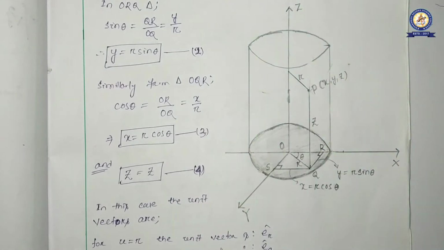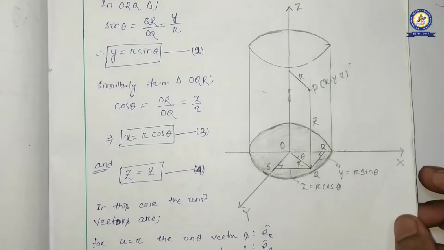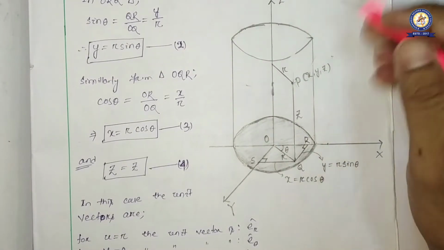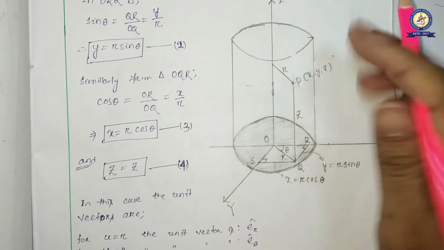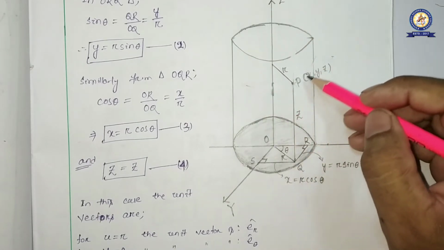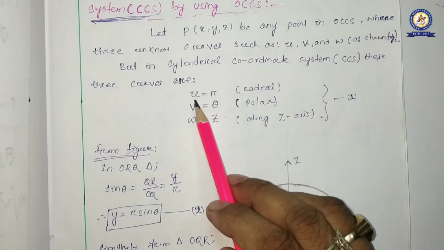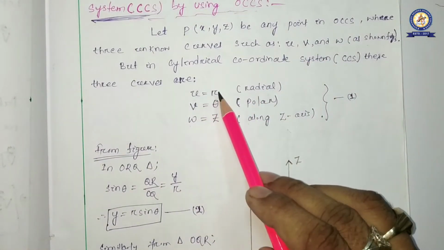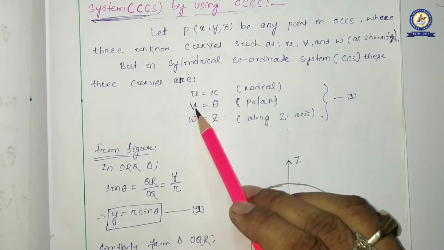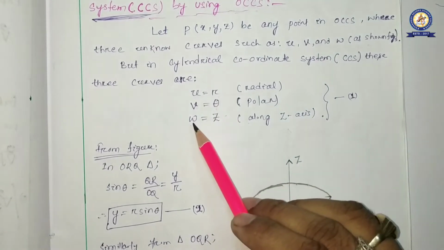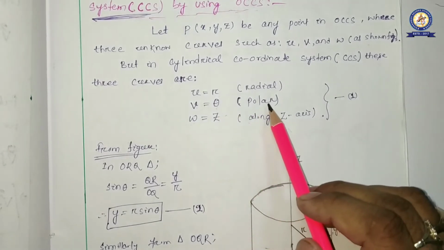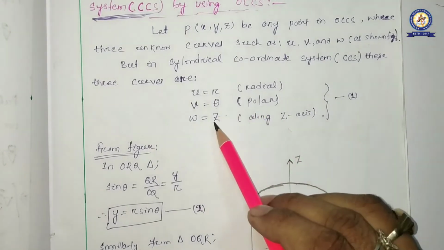Now as I told, if we consider this R curve as one curve, and this is another curve, and this is another curve, then in the case of OCCS, the U curve is transformed to radial R, the V curve is transformed to theta, and the W curve is transformed to Z. So this theta is nothing but the polar angle, and Z is along the Z axis.